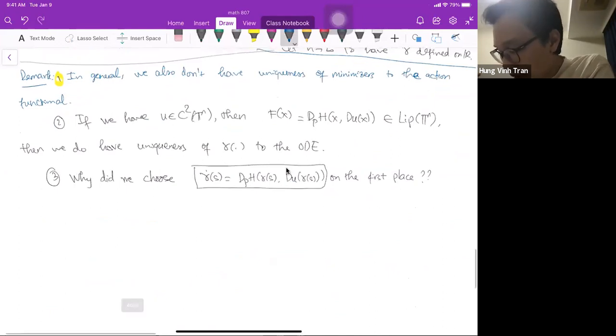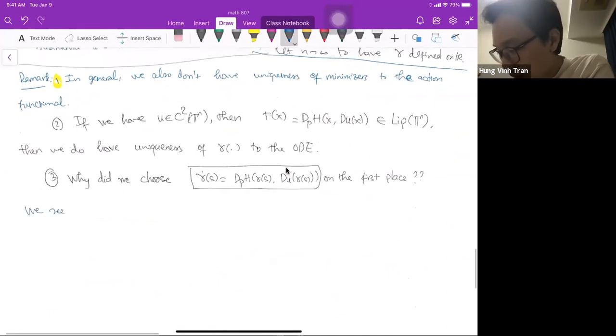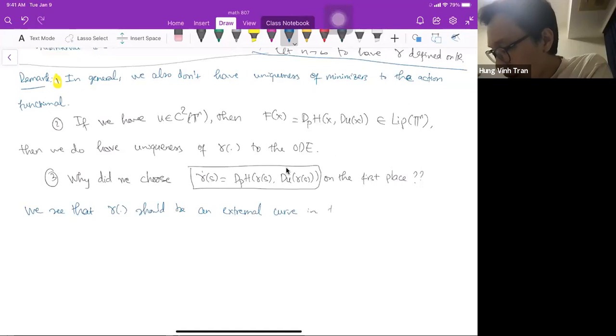So we see that gamma should be an extremal curve in the action functional.